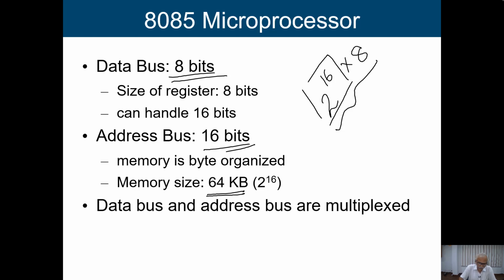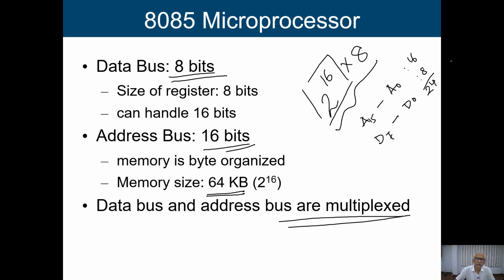And one more point of emphasis is that the data bus and address bus are multiplexed. Now we'll see what this multiplexing means. Basically, we have the address bus A0 to A15 and the data bus D0 to D7. So in total we need 16 plus 8, which is 24.